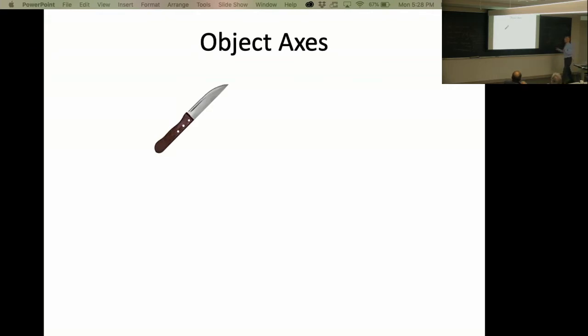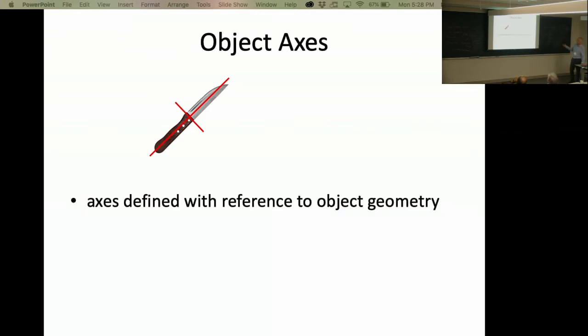I've been taking for granted so far that it's straightforward how we assign axes to objects, and as Jacob talked about, that's not at all true. So I've assumed here that the knife has axes like this, and researchers have assumed that object geometry is important in doing this. Particularly elongation has been noted. But there are lots of other factors that could come into play, including symmetry, which we've heard a little bit about.